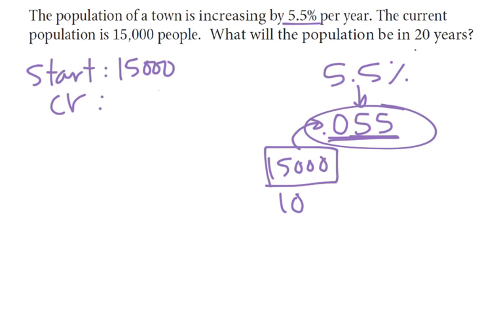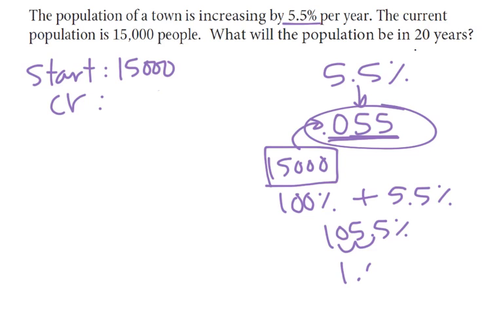Well, 15,000 is like 100% of the people. So we're adding to those 100% of the people 5.5%, giving us 105.5%.